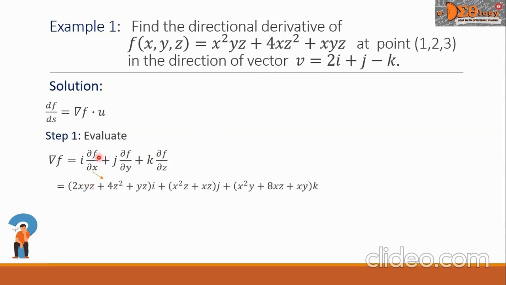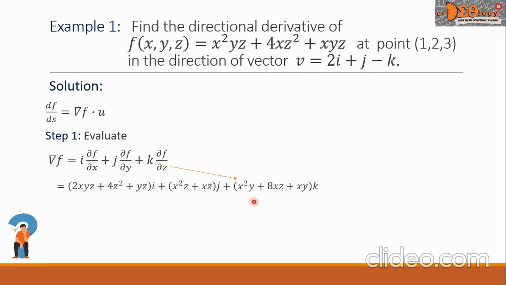So the partial derivative of f with respect to x is 2xyz plus 4z squared plus yz. This quantity is multiplied by i plus the partial derivative of f with respect to y. That is x squared z plus xz. The quantity is multiplied by j plus the partial derivative of f with respect to z.